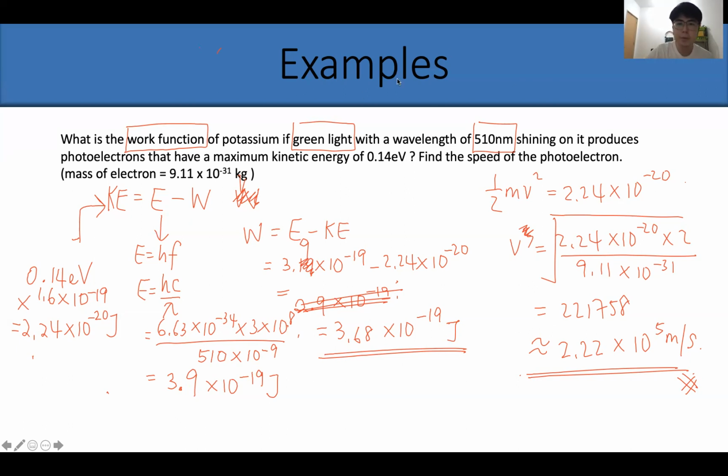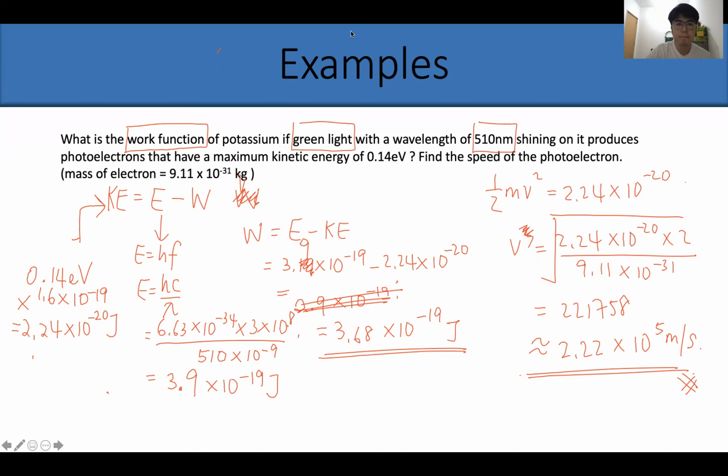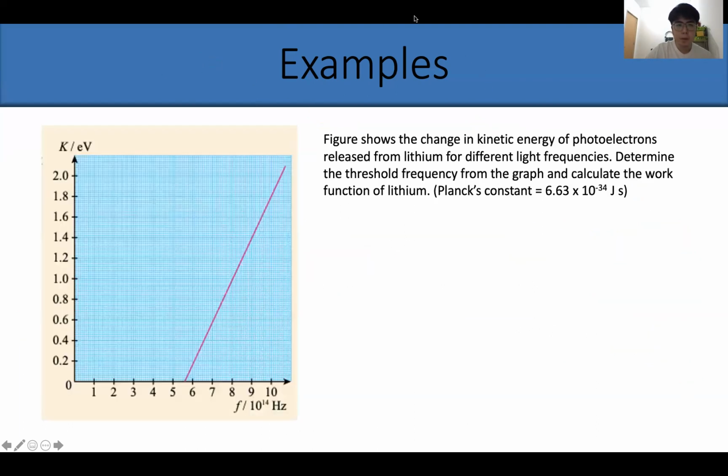Okay, next question. Figure shows the change in kinetic energy of photoelectron released from lithium for different light frequencies. Determine the threshold frequency from the graph and calculate the work function of lithium.